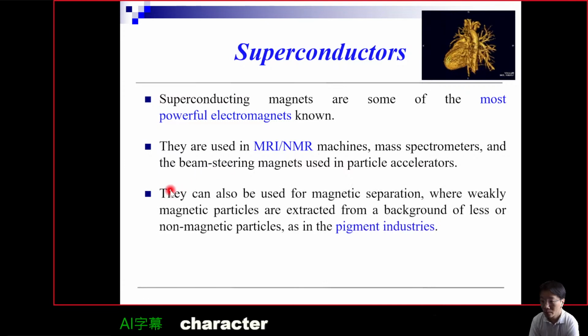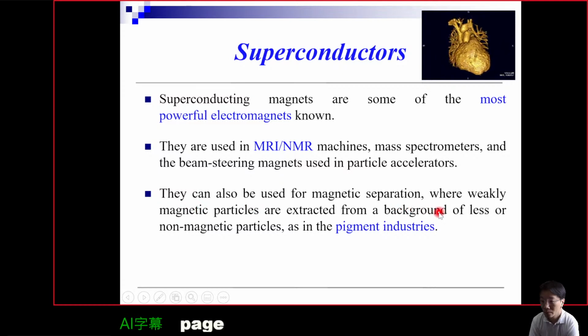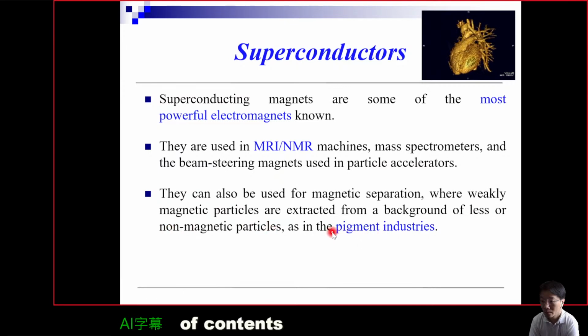They can also be used for magnetic separation, for example, for the medical usage that I just mentioned in the previous section. Or they can be used to extract weak magnetic particles from a background that contains non-magnetic particles. For example, they can be used in the pigment industry.